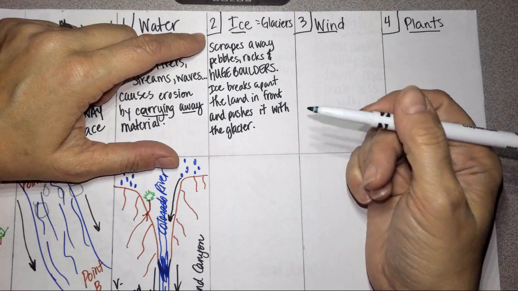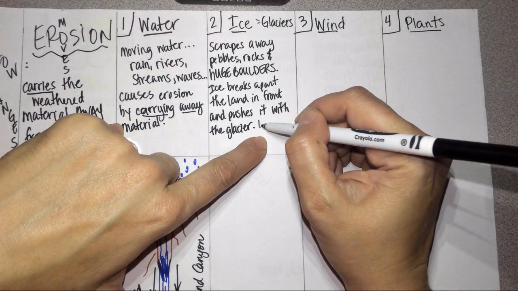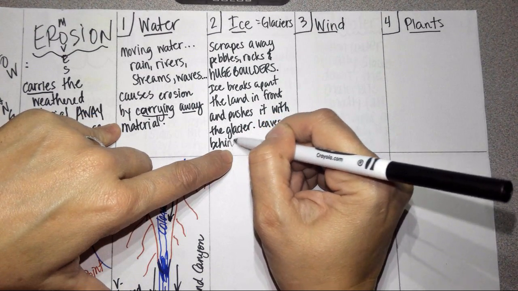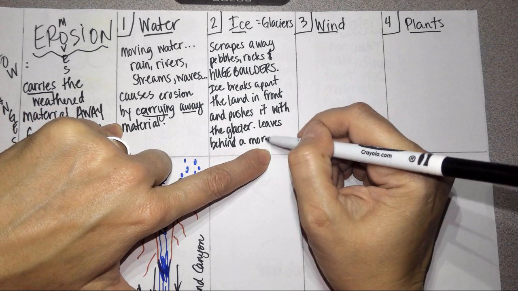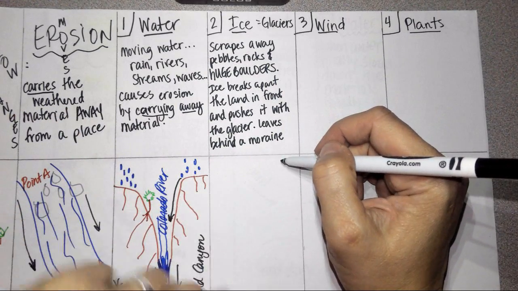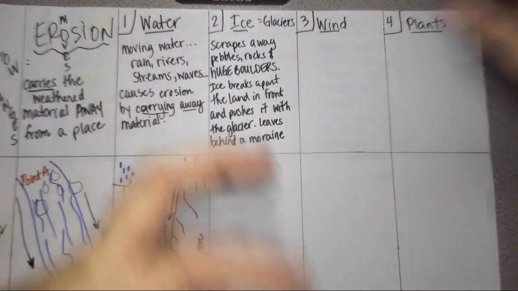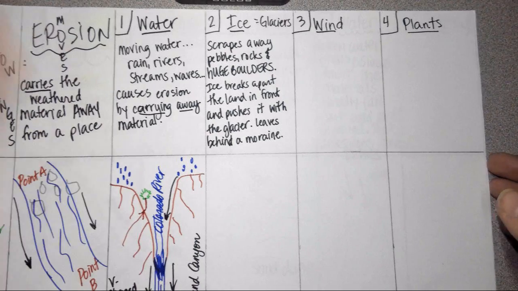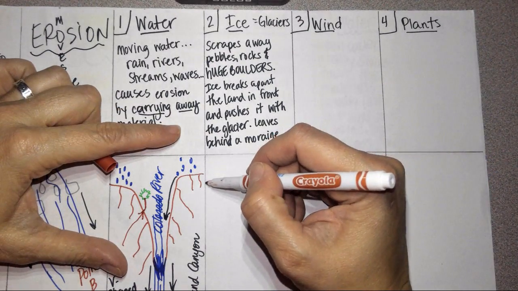Okay. So then what happens, it leaves behind a moraine, is what it's called. Okay, so it's this big, huge piece of rock. So you've got the glacier moving, and this is our U-shaped valley.